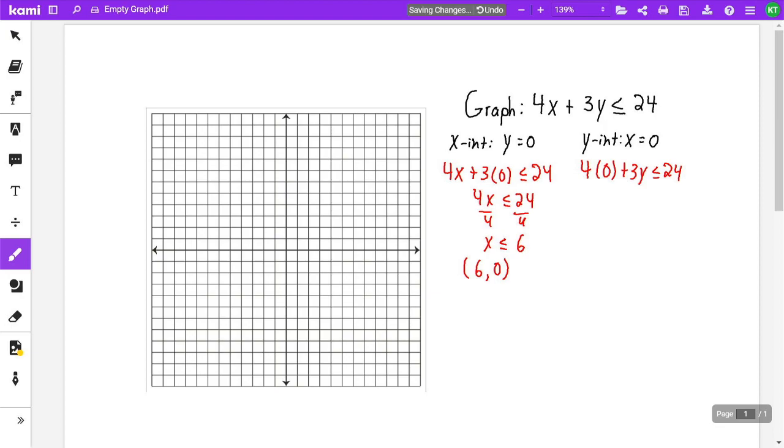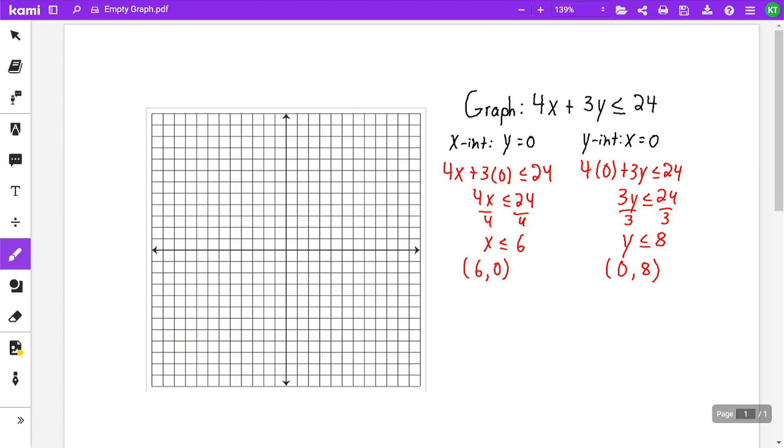Again, anything times 0 is 0, so we'll just have 3y is less than or equal to 24. Divide both sides by 3, and we get y is less than or equal to 8. And now y-intercept is when x is 0, so our coordinate for our y-intercept will be 0, comma 8.